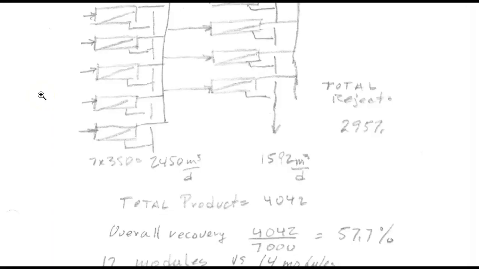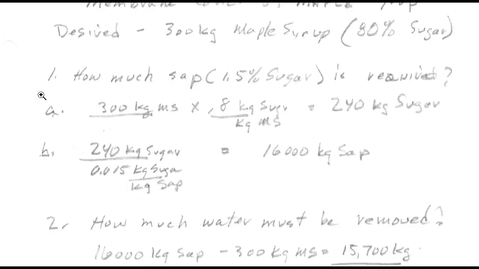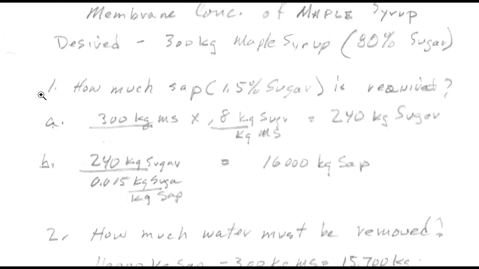Okay, next we're going to have an interesting example of a concentration of maple syrup. Traditionally, maple syrup is produced by taking the sap from the maple tree and boiling it. Kind of a homespun industry of the upper Midwest and more famously in New England.